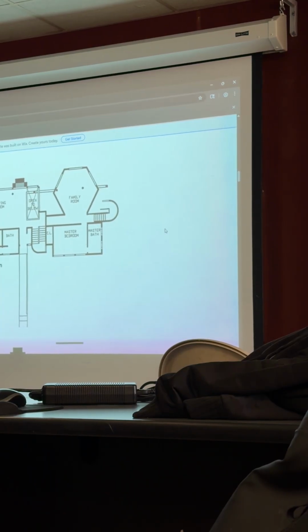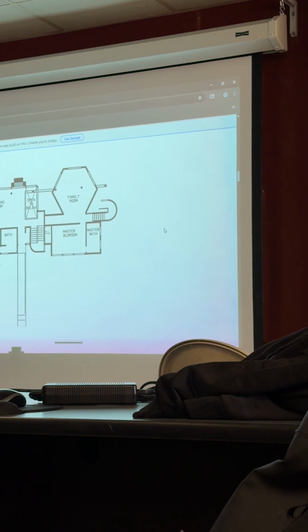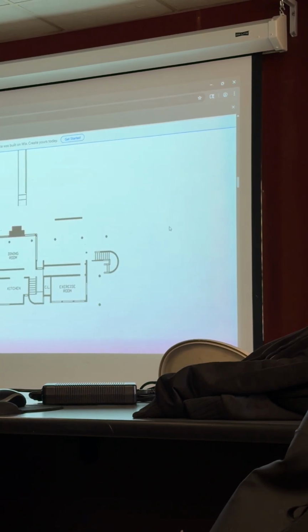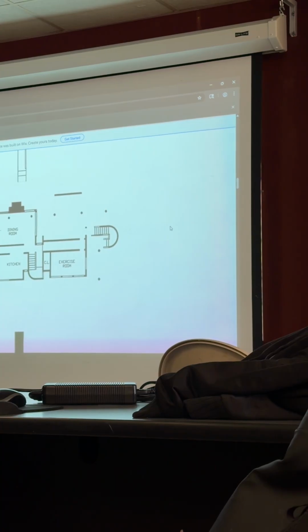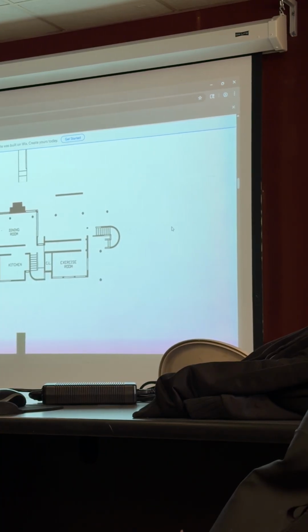So this is not the lower. Lower has the kitchen down here, the dining room, right? Am I correct on that? Yes. Okay. So relabel this as your entry level. This one is your lower level. So switch the plans.